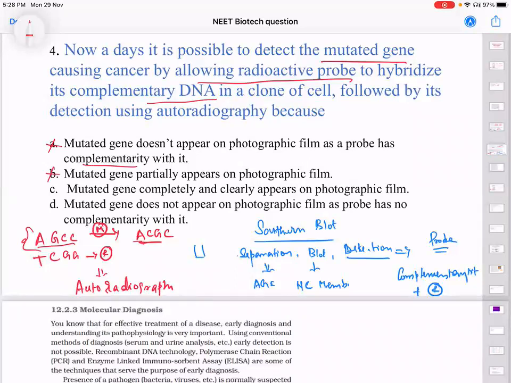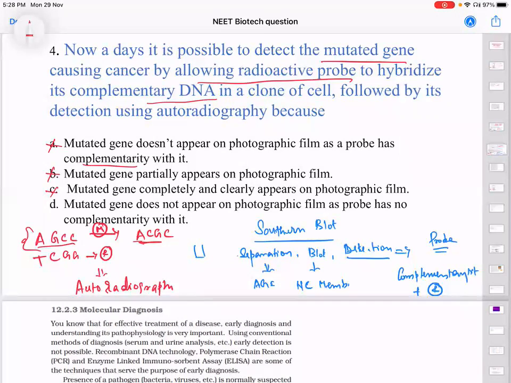And C, mutated gene are completely and clearly appear on photographic film. No, cannot happen. Let me make the message clear once more. Due to mutation, your probe doesn't bind, which means no radioactivity. Radioactivity will be released only if the probe binds the complementary sequence, which is not happening here.